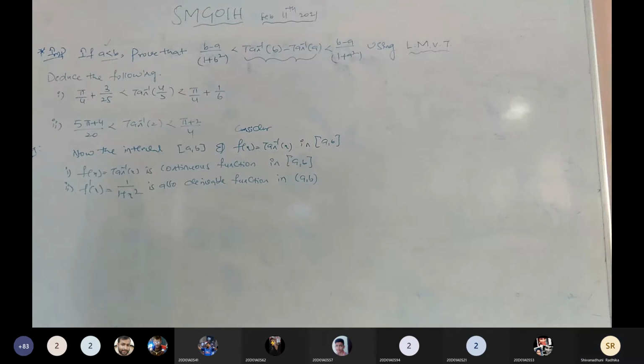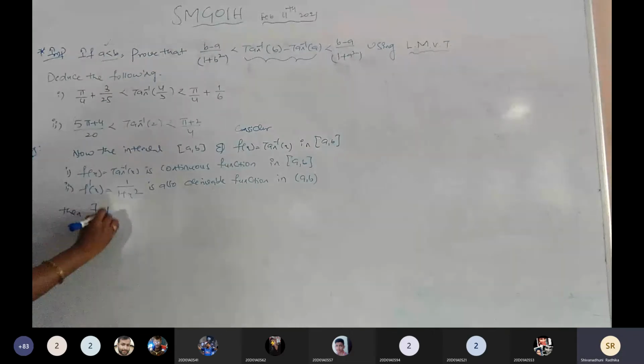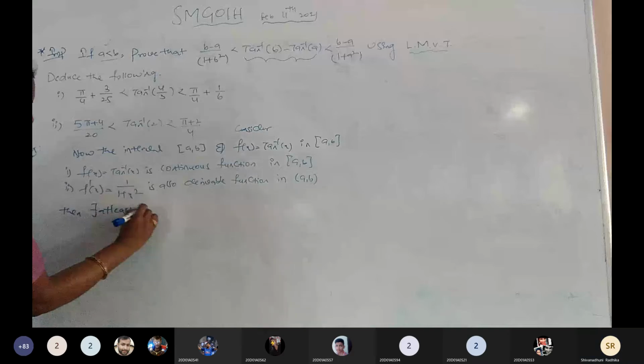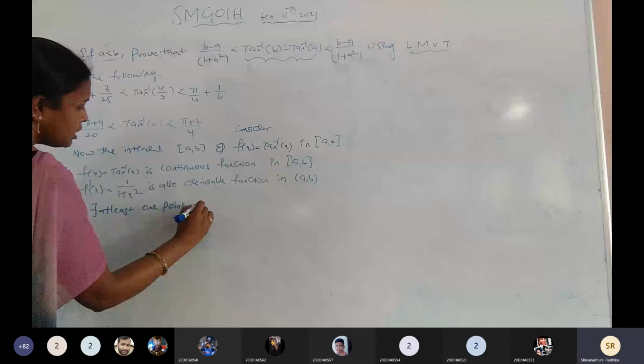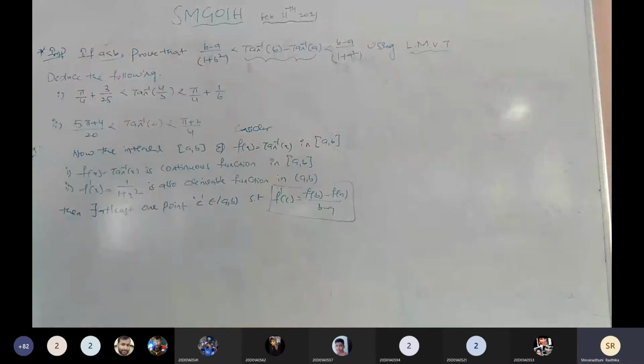No doubts. Okay, listen. Then there exists at least one point C belonging to the open interval A comma B, such that f dash of C equals (f of B minus f of A) by (B minus A). So this is the formula of Lagrange's.